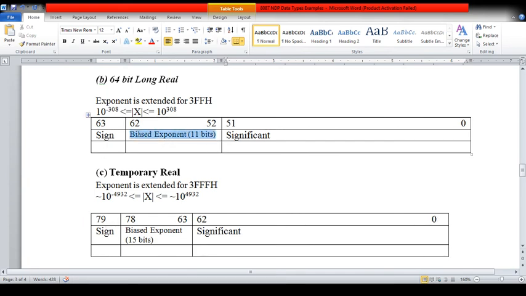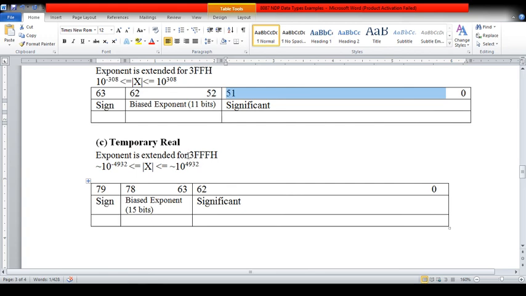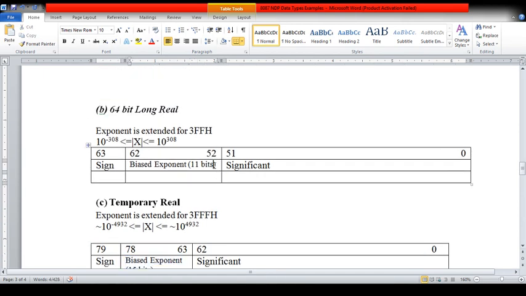Here we are using 11 bits for the biased exponent, and the exponent is extended by 3f. This extension is so that we can cover larger numbers, and the significand size is 52 bits. In the case of temporary real, the exponent is extended by 3 triple f, and the significand size varies from 0 to 63 bits. The biased exponent is of size 15 bits, and here 11 bits.